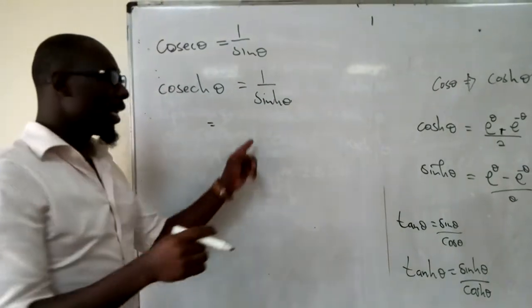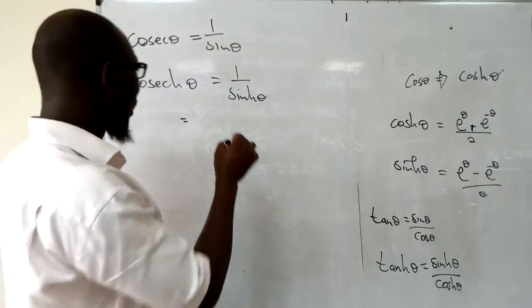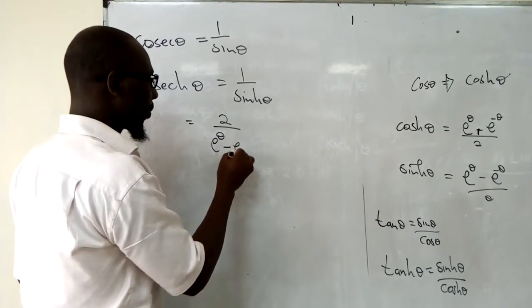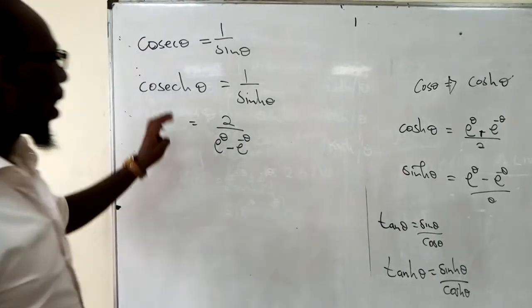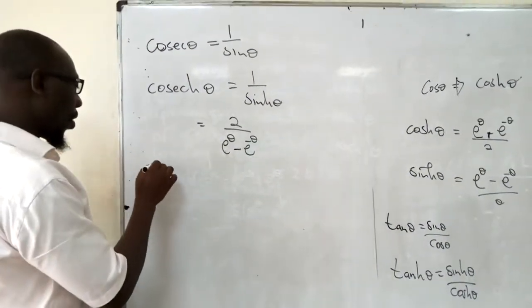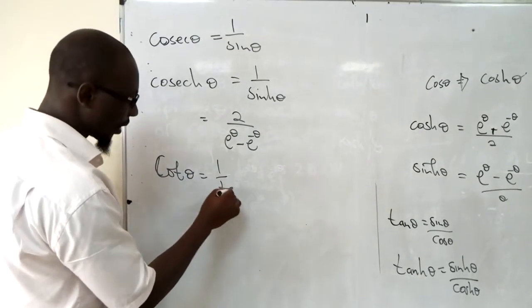The inverse of that is 2 over exponential of theta minus exponential of negative theta as our cosech. And we also know that cot of theta is given as 1 over tan of theta.